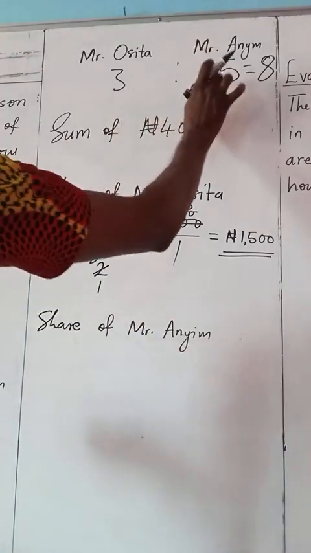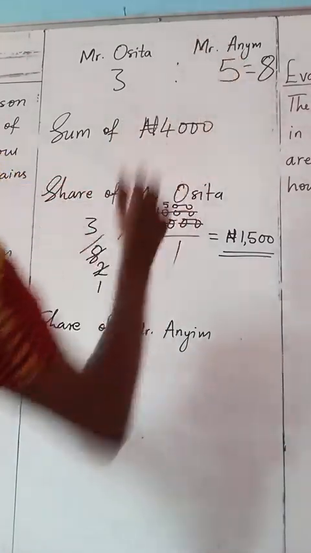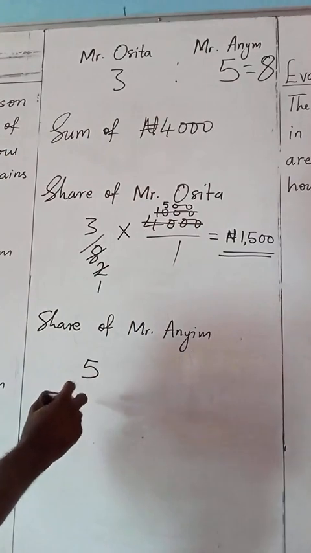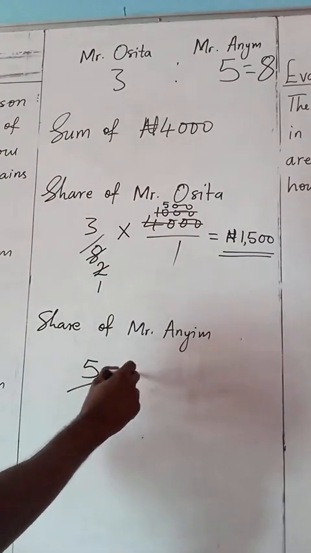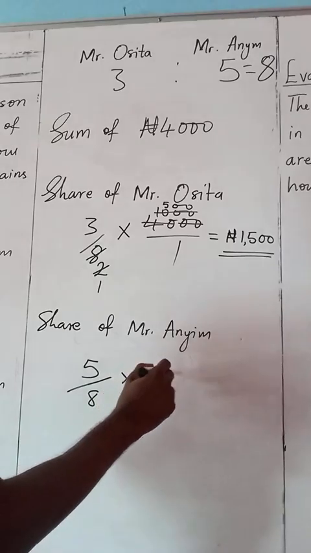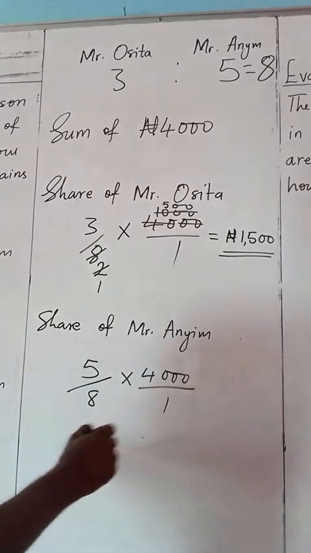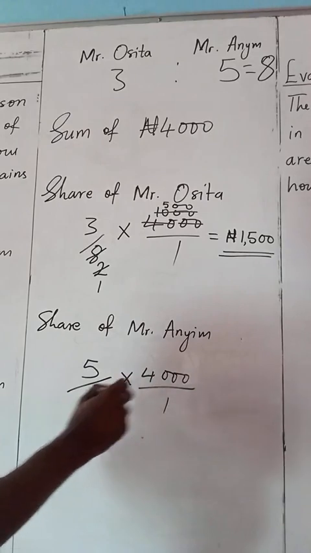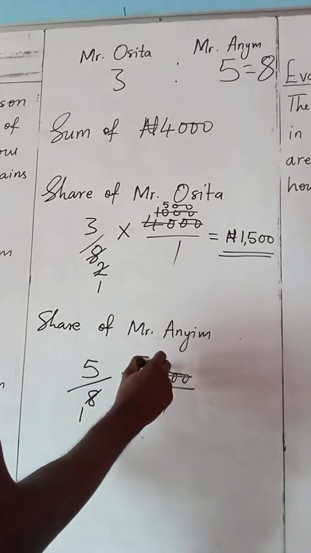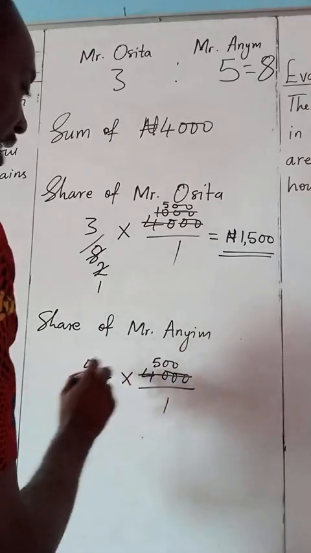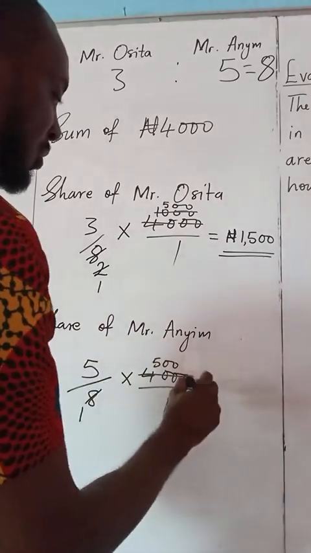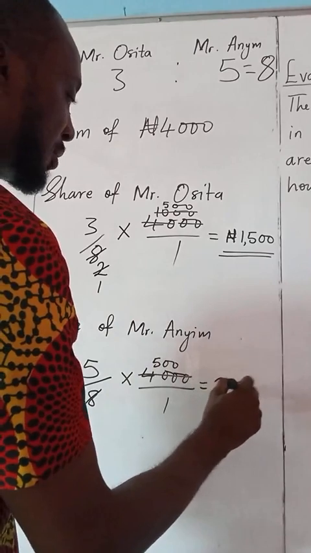Or you say the share of Mr. Anyim is 5 all over the total ratio times 4,000 naira. So 8 divides itself to 1, and divides 4,000 to give 500. So 5 times 500 will give us 2,500 naira.